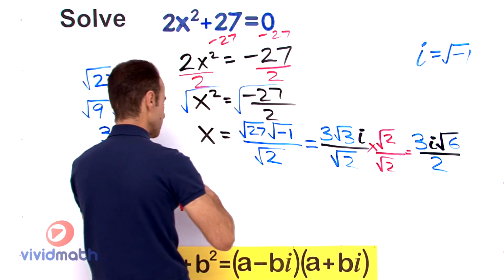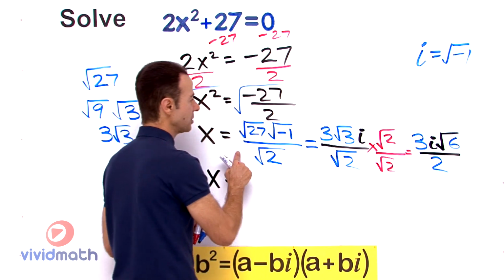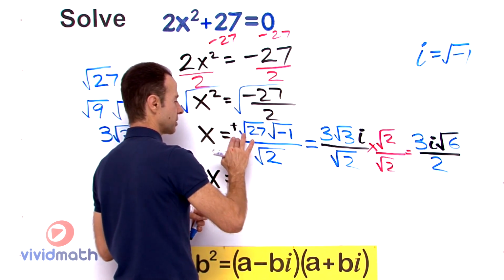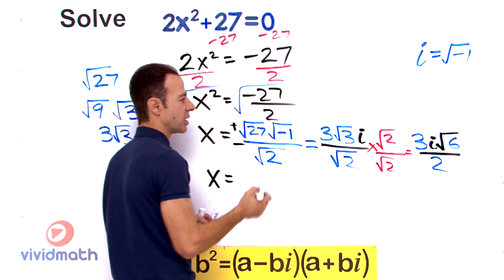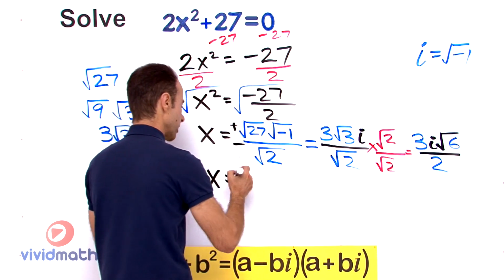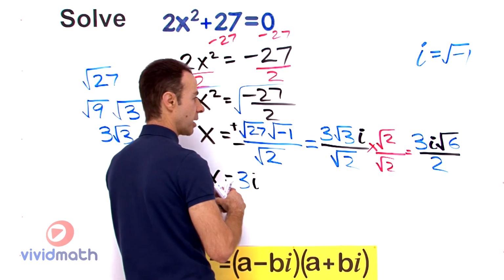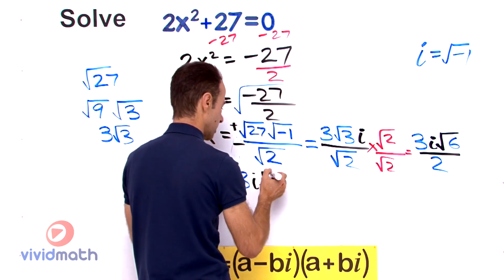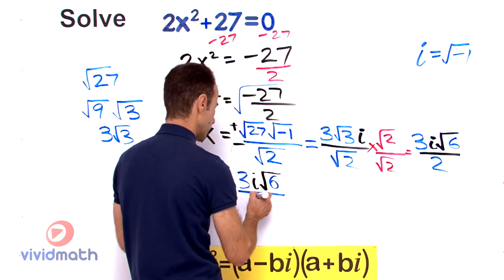So x equals, let me put the plus or minus there. Once we take the square root, it's plus or minus. So one of the solutions will be x equals 3i root 6 all over 2.